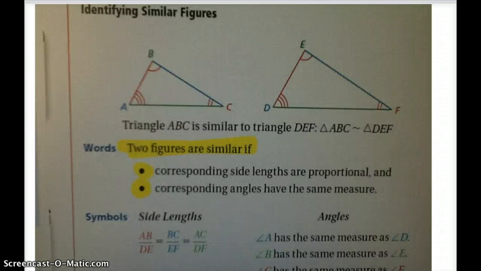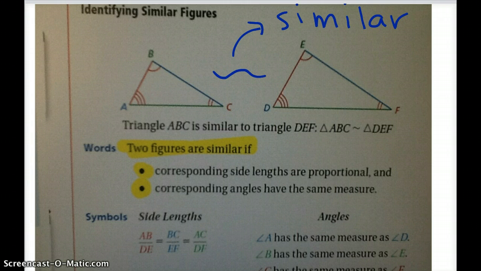Alright, so first thing that we talked about in class today was similar figures. Two figures are similar, and here's the symbol. Remember, that means similar. Two figures are similar if, here's what we figured out today, and this is in your notes, if the corresponding angles have the same measure.